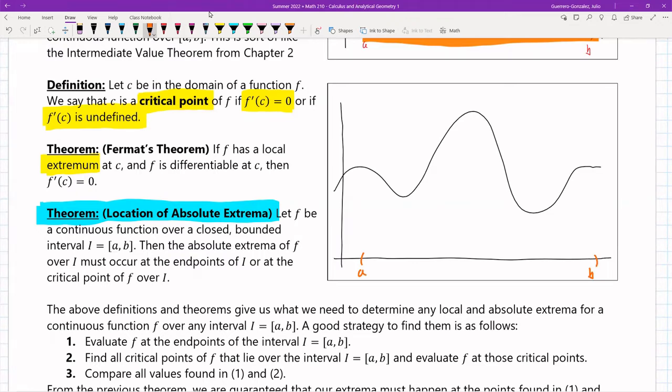Then what this theorem, the location of absolute extrema, states is that I am guaranteed that the absolute extrema, maximums or minimums, of this function occur either at the endpoints, so right here, or at the critical points of f, so right here, and right here.